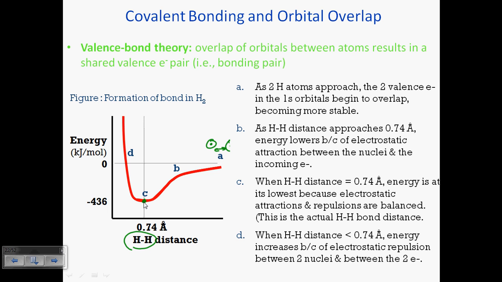Wherever these attractive and repulsive forces are balanced and there's the lowest amount of energy, we call it the bonded state. For the hydrogen molecule, the bonded state occurs when the internuclear distance between the two hydrogen atoms is 0.74 angstrom.